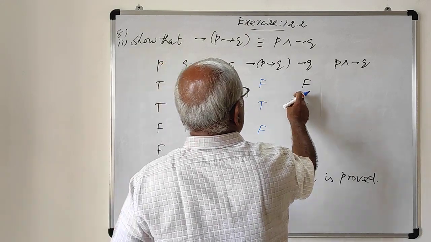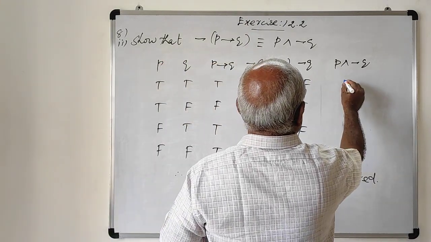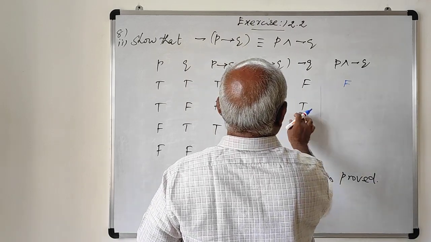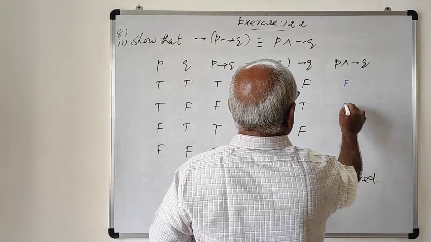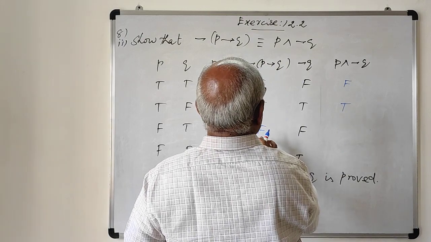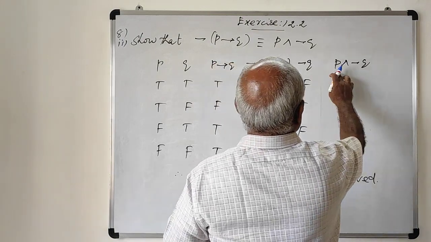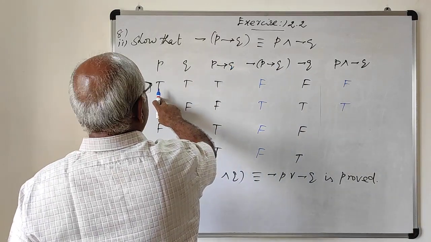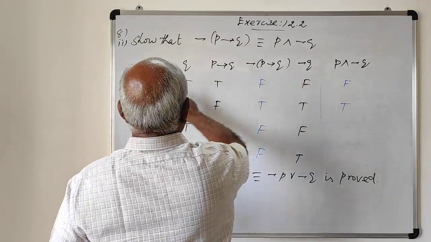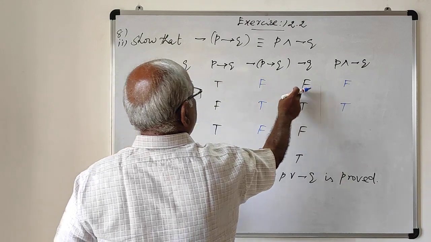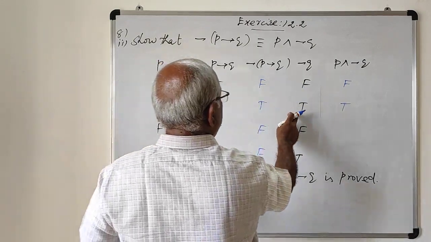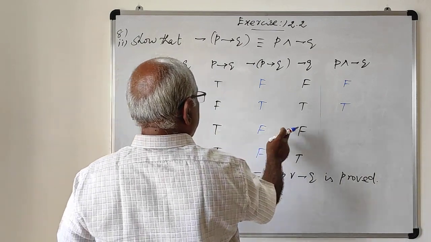Both are F, conjunction is F. Both are T, conjunction is T. T conjunction negation F: T conjunction F is F. T conjunction T is T. F conjunction F is F.